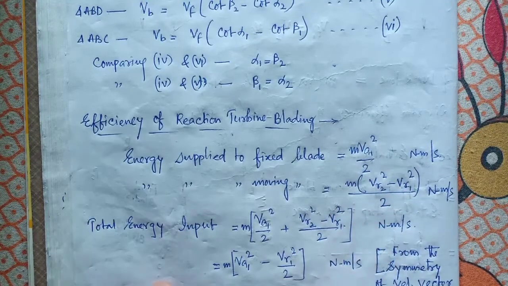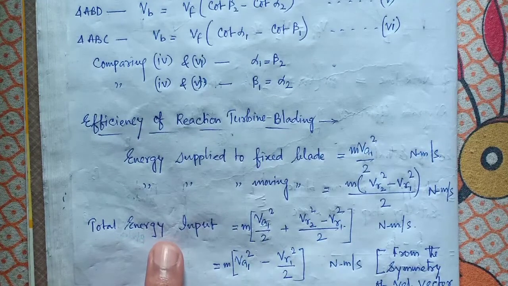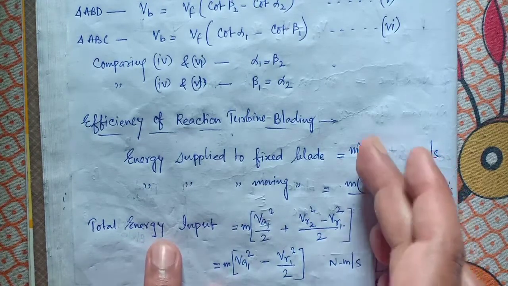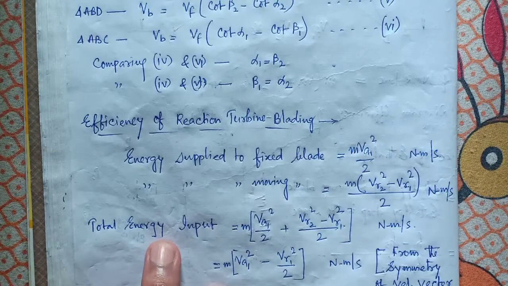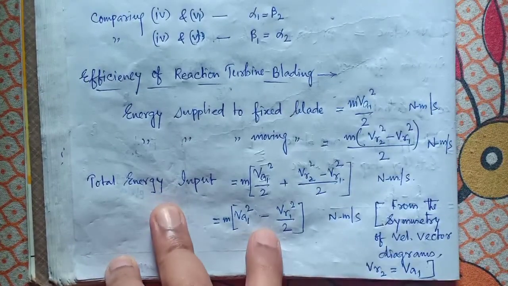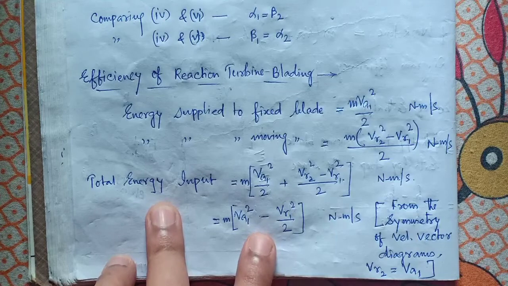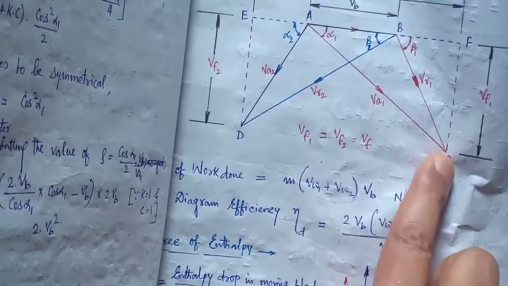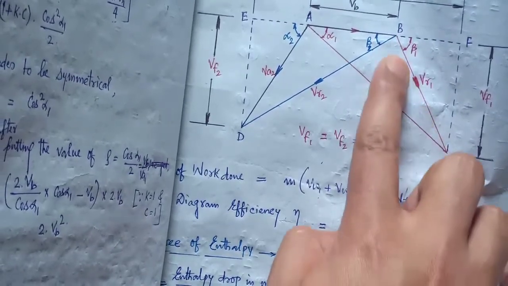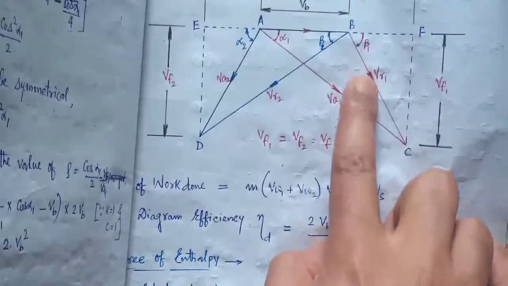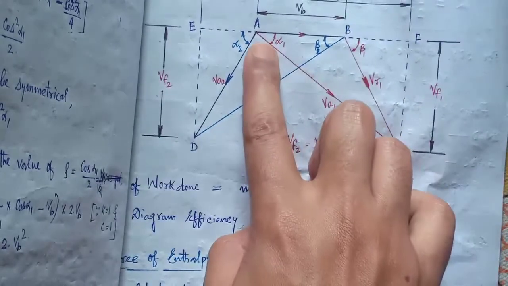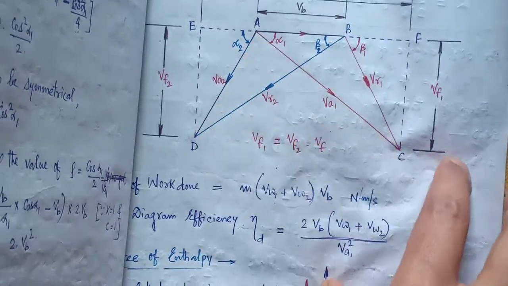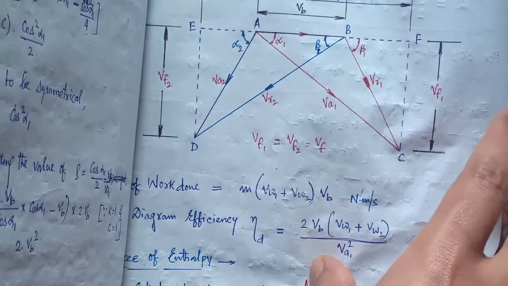Now the total input energy is the summation of these two. For the symmetry of the velocity vector diagram, as I have already said, VR1, the relative velocity at entrance, is equal to the absolute velocity at leaving of steam from the moving blade.